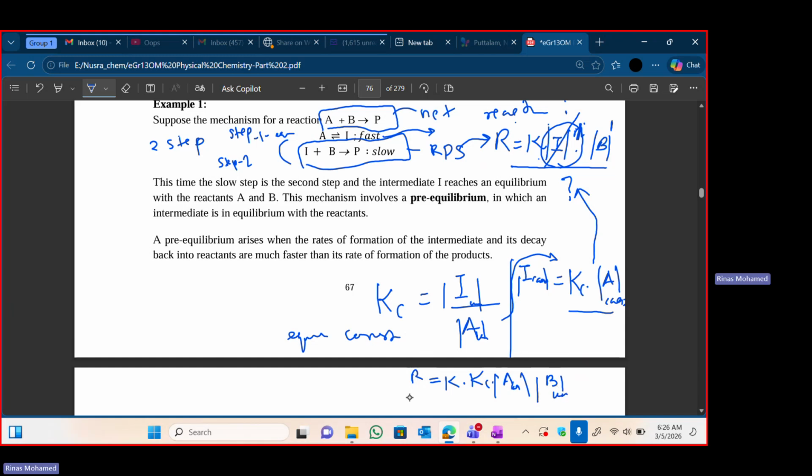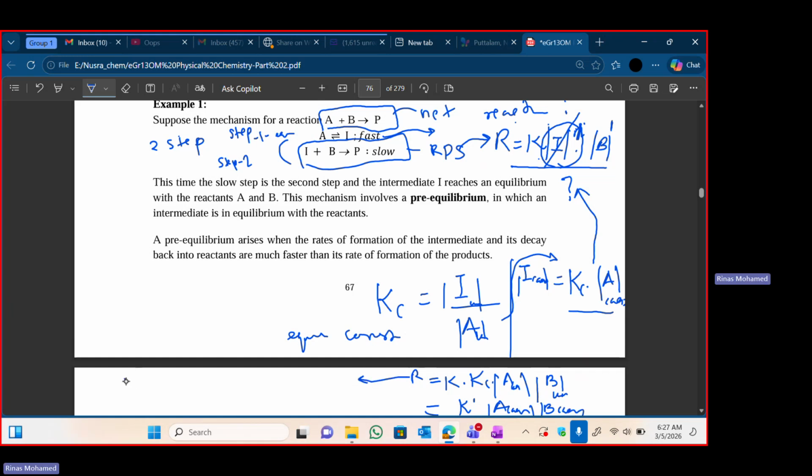If we see this rate law, two constants are there, so altogether I can write it as K dash, A's concentration into B's concentration.